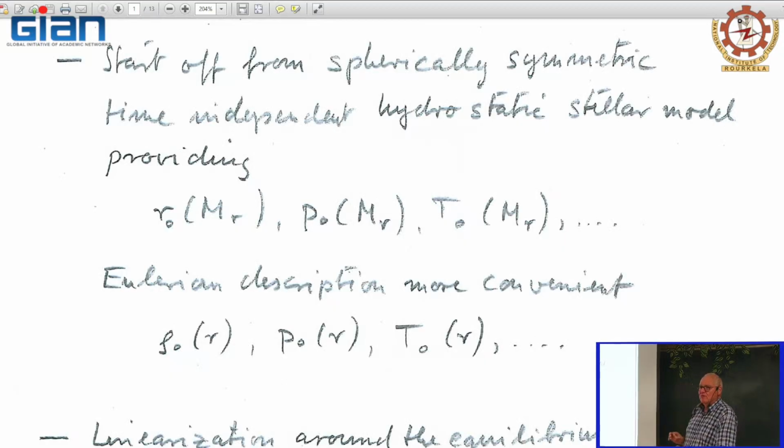This is appropriate for one-dimensional systems, and it had the advantage that we could integrate Poisson's equation for the gravitational potential and give it in a closed algebraic form. This is no longer possible if we go to non-spherical perturbations.